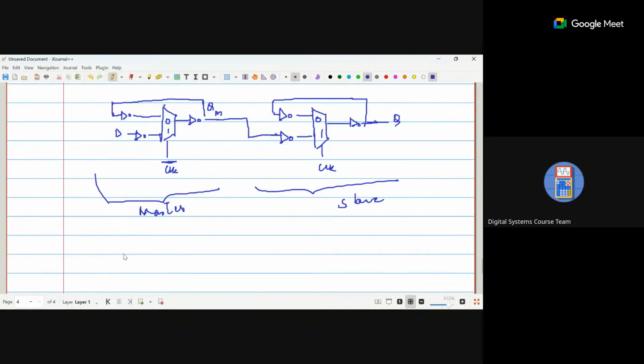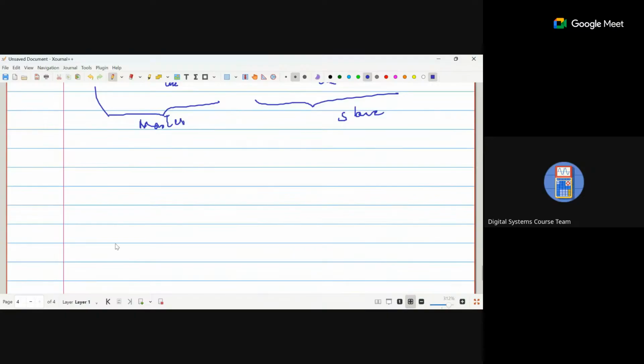So now here I will, so this is your clock signal. Okay, so this is your clock signal. And then let's say the D which we have is something like this.